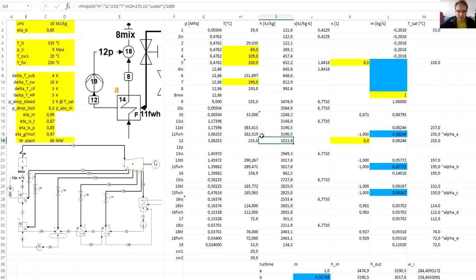Similarly, just to check that the enthalpy is correct, we can also get this temperature not directly from the saturated temperature, but as a function of pressure and enthalpy, which we have, for example, after every pump, like here.